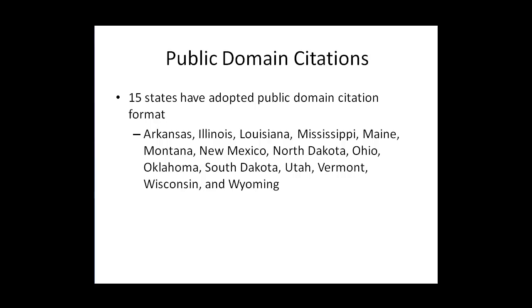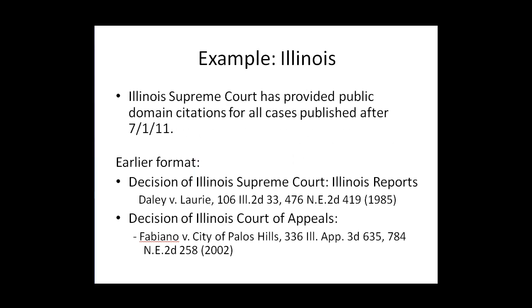So let's take Illinois as an example of the public domain citations that they have picked up. The Illinois Supreme Court decided that every case appearing after July 1st, 2011 would have a public domain citation. So it's available on the Illinois Supreme Court website. In earlier days, their cases were published in the official reporters.